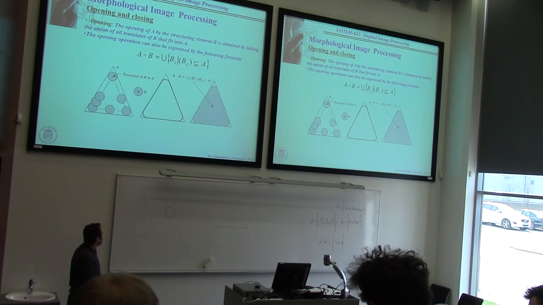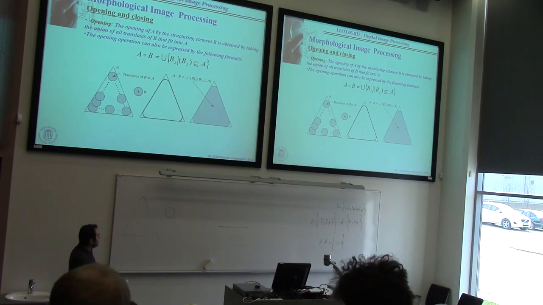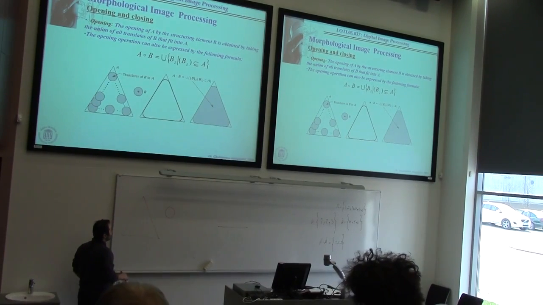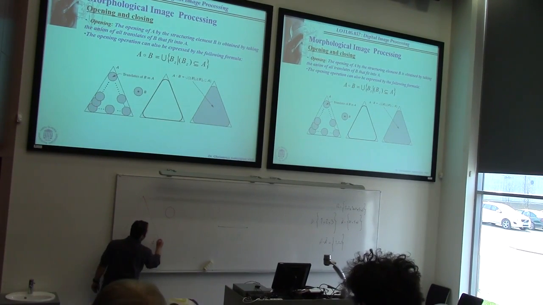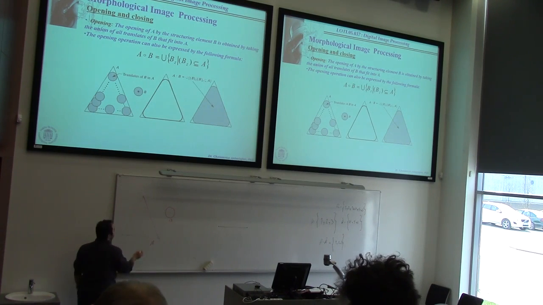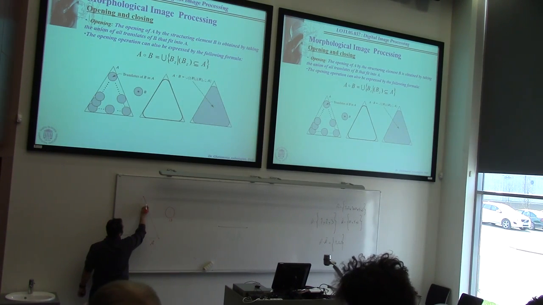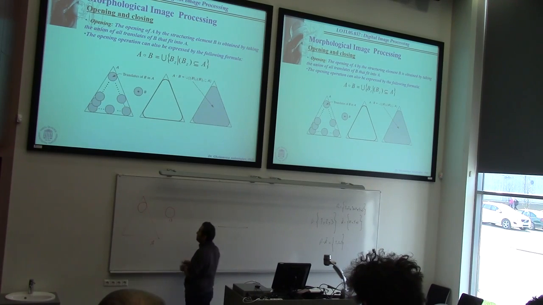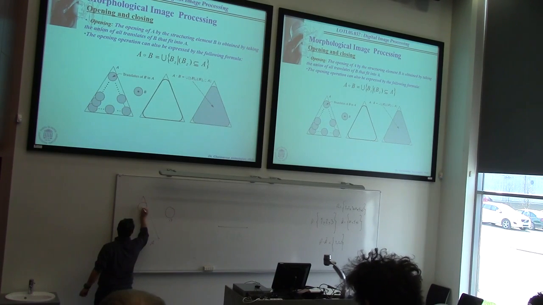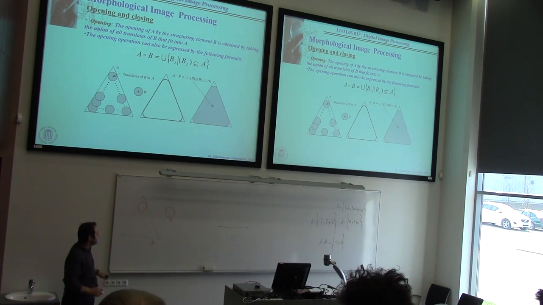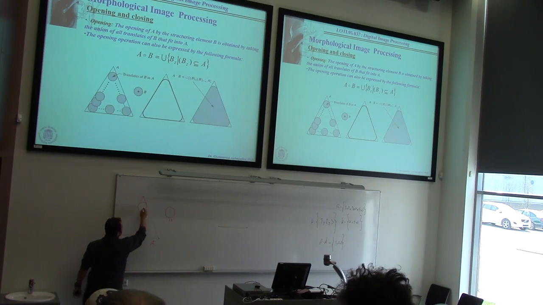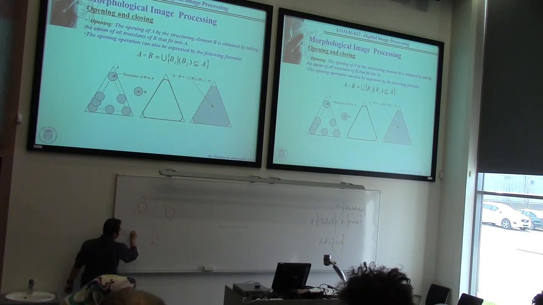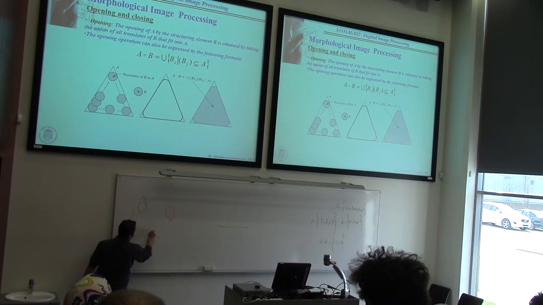We know that for the erosion, all parts of the set B have to be inside the set A. Call it A, B. It means that in this part, all parts of the set B are inside the set A. If we go in this direction, we can find a set like this.